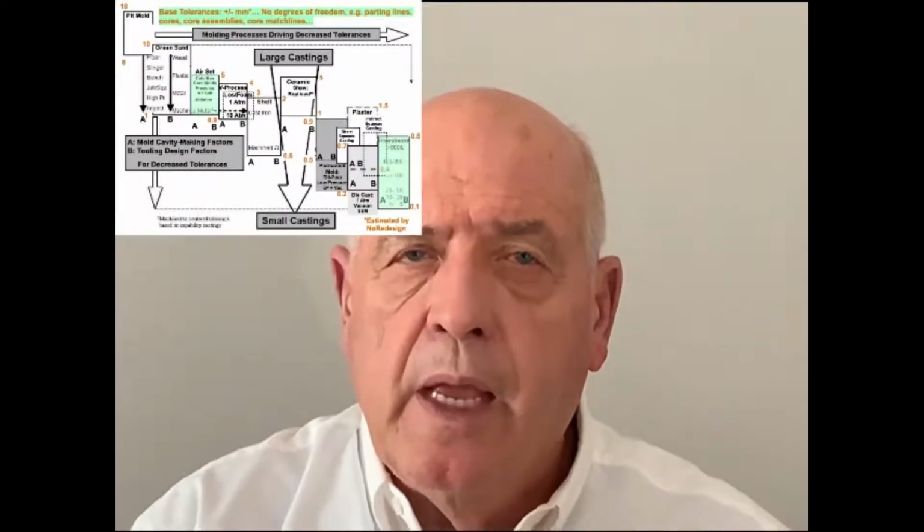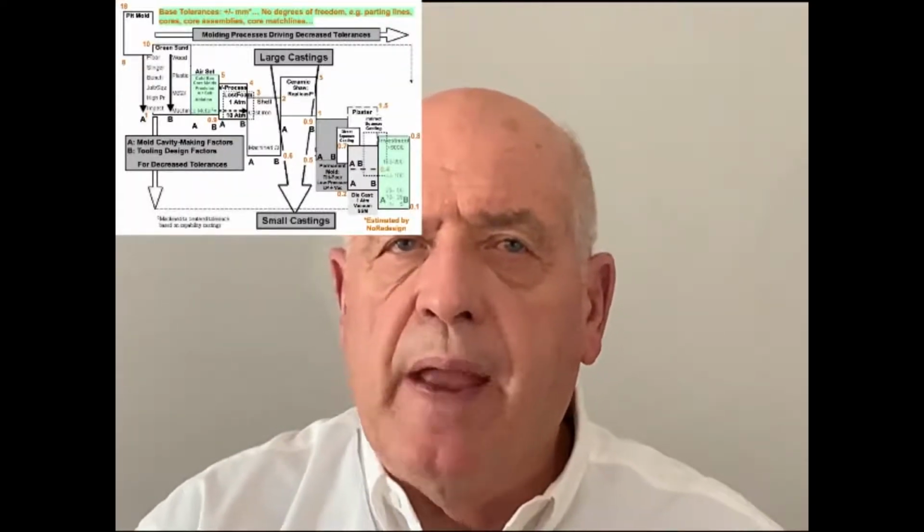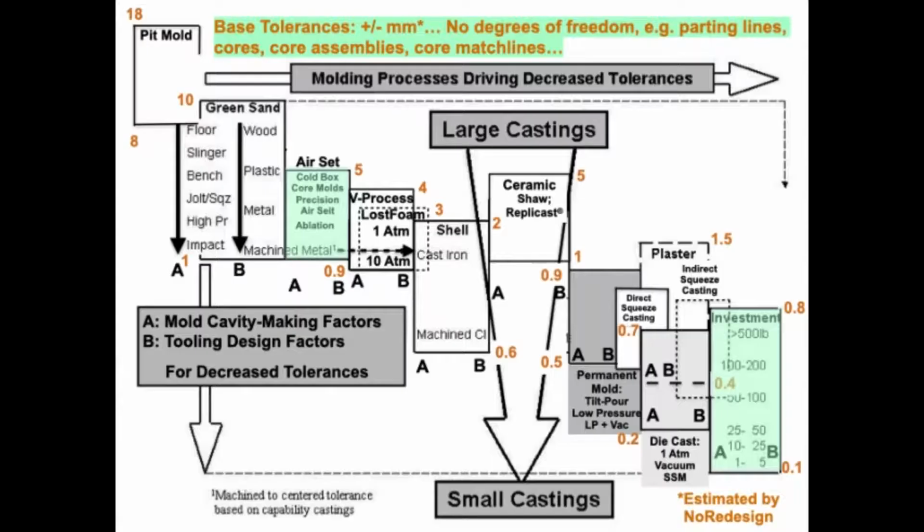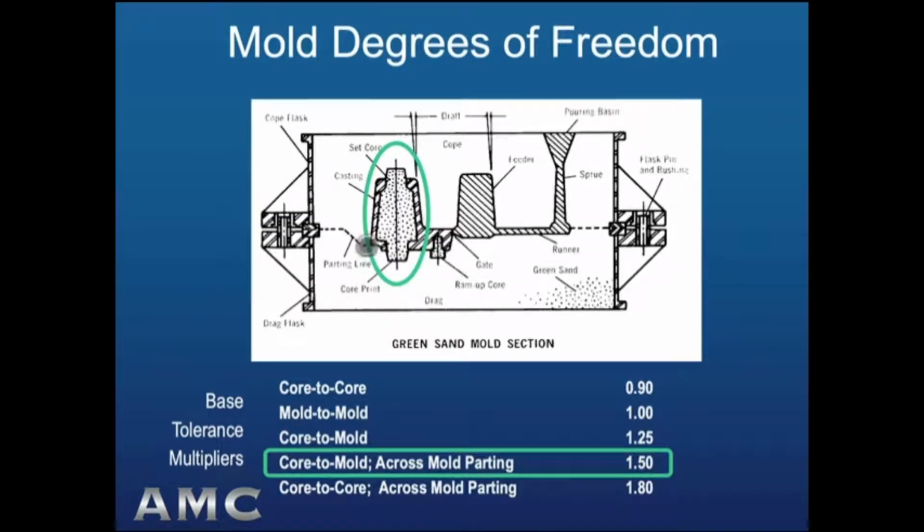Mold degrees of freedom. This is important for dimensional capability. So we have basically a base tolerance capability for all of the different mold cavity making processes. And that base tolerance capability is achieved on one side of the mold, typically on the drag side of the mold. So in our picture here, if you could imagine a dimension from the left bottom half of that casting over to the center area, which is the other end of the casting, well, all of that dimension was formed in the lower part of the mold, one part of the mold only, and that would be our nominal dimensional capability.